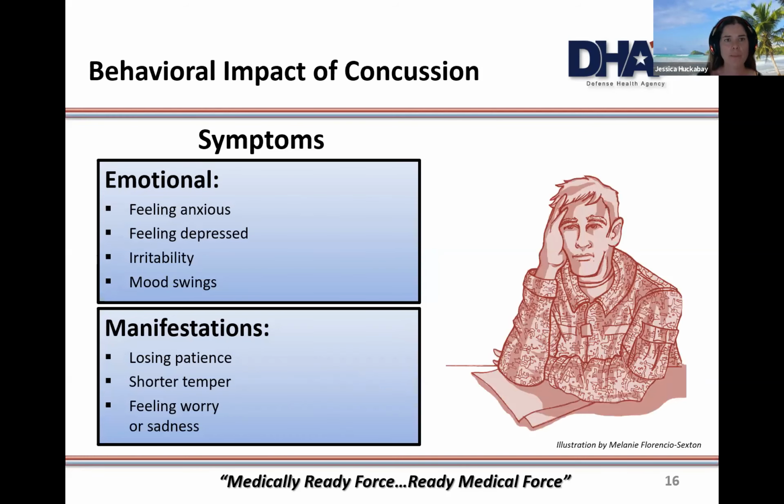All right, so behavioral impact of a concussion or traumatic brain injury. So there's different emotional symptoms that someone can encounter, maybe feeling anxious, irritable, things that you once thought was just not a big deal now make you more frustrated, anxious, angry, causing you to lose your temper easier or quicker than you may have prior to that concussive event.